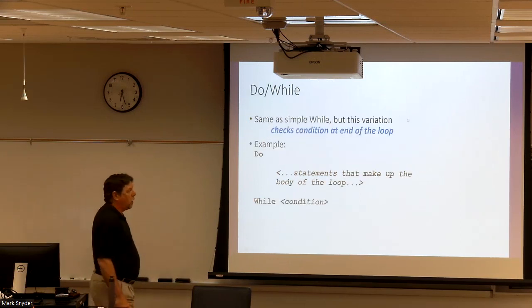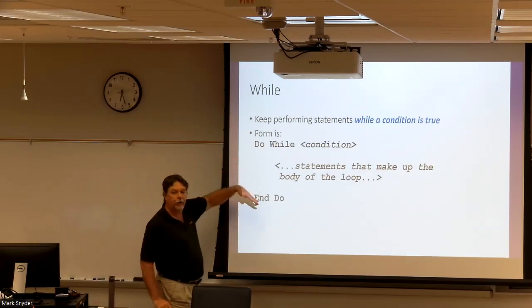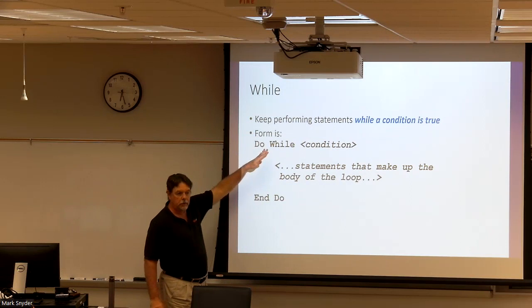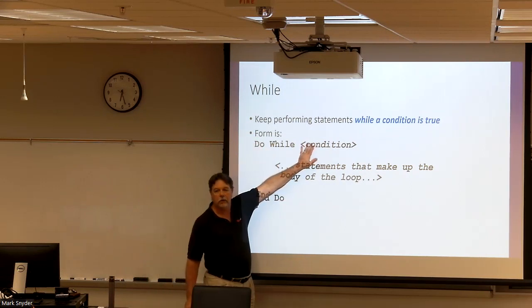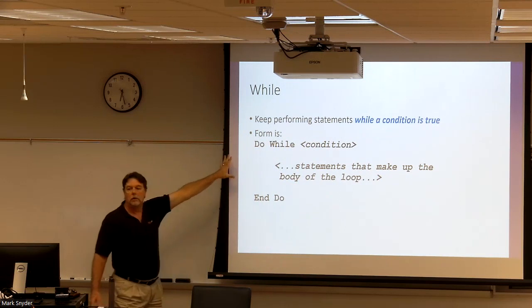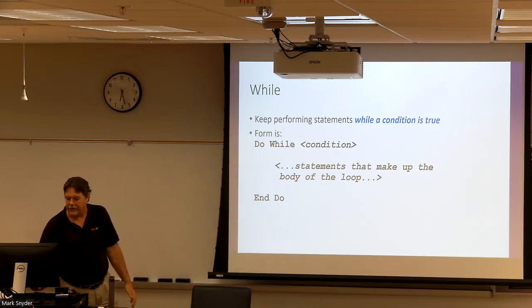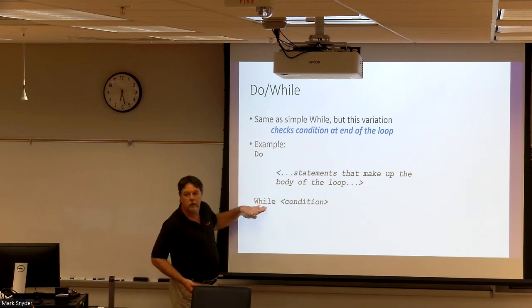Here is another form. This one, I would characterize as a pretest. We're checking the condition as to whether to continue looping at the beginning of the loop. So this is a pretest, okay? As contrasted with the next one, which is a post-test.